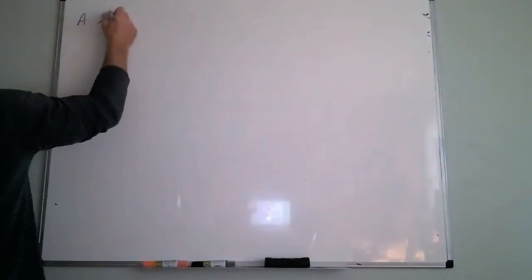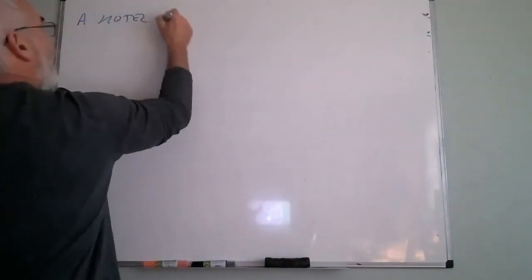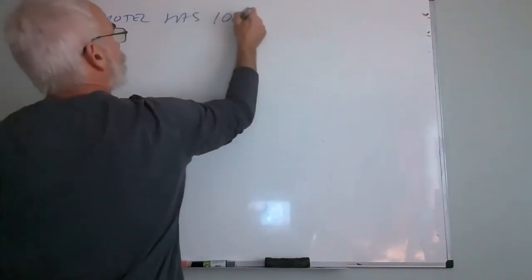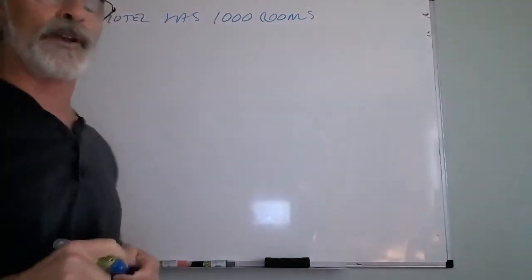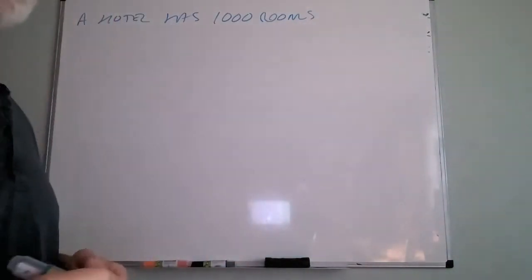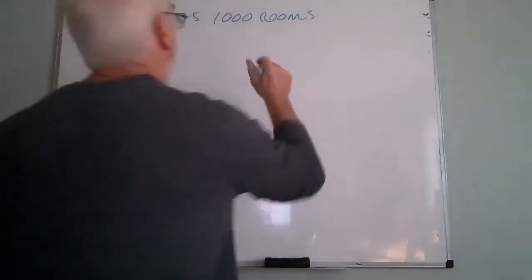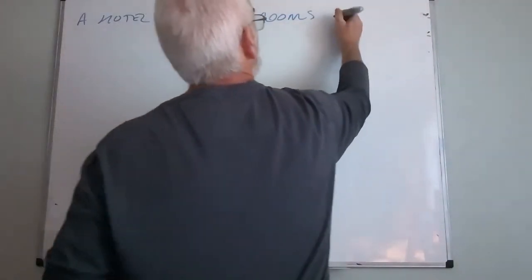So let's say a hotel has 1,000 rooms. It's a big hotel, right? A 10-story hotel out in Las Vegas, lots of rooms and everything else. So I've got a hotel with 1,000 rooms.